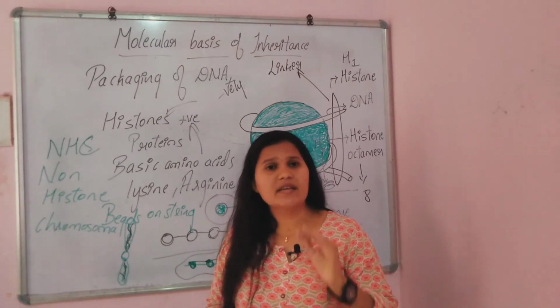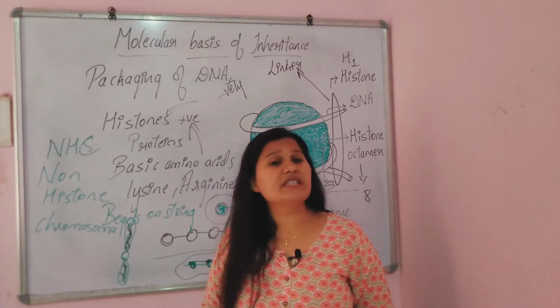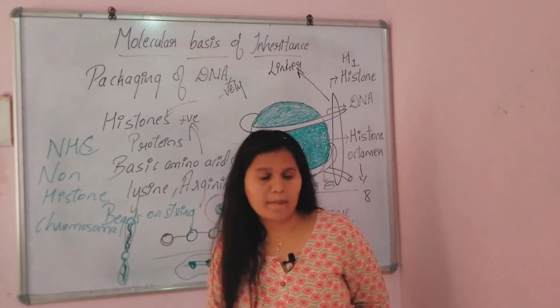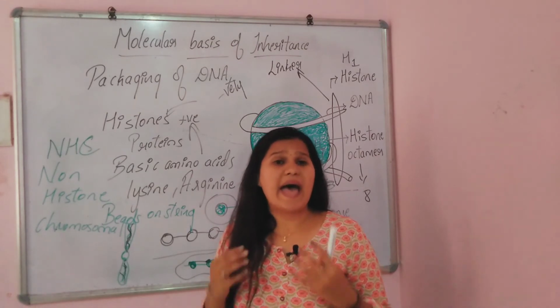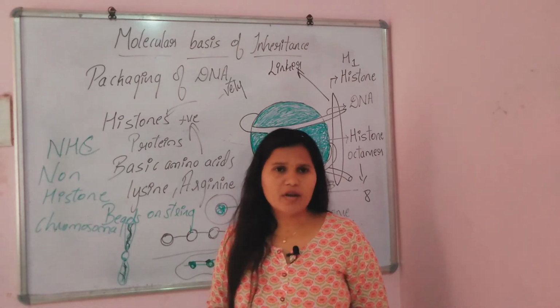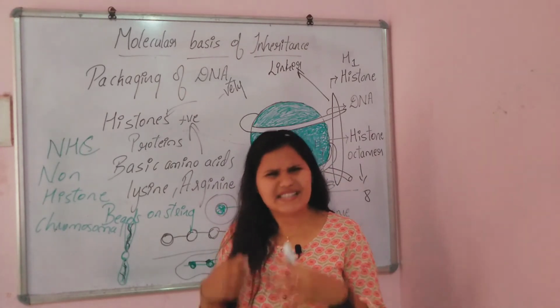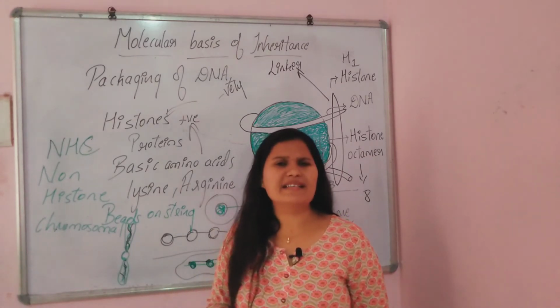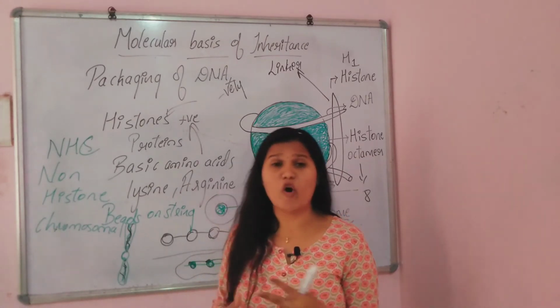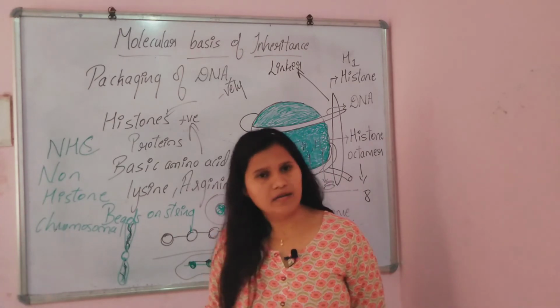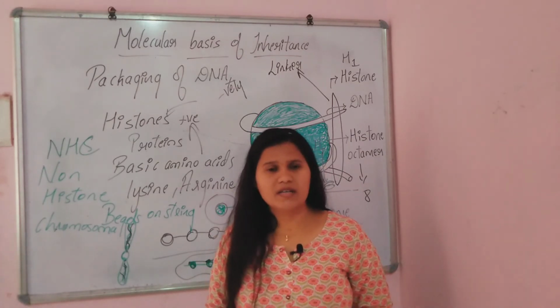And heterochromatin is inactive in transcription, but euchromatin is active in transcription. Got? So what is transcription then? Transcription is simply the formation of RNA from DNA. Got? So is this clear?